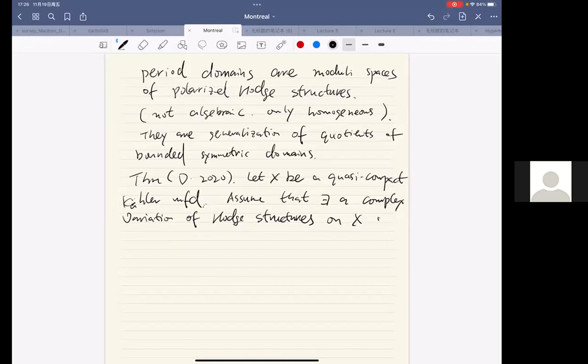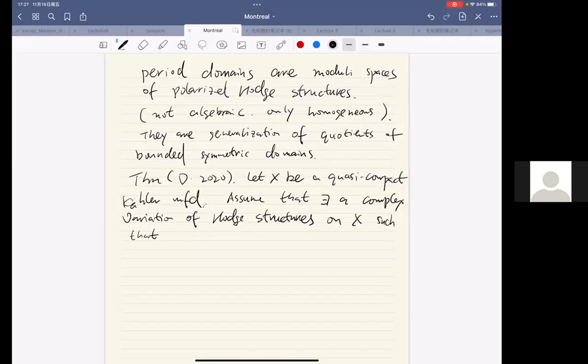This is called a complex variation of Hodge structures, but we want it to be parameterized in a maximal way. Namely, we do not want it to be a trivial thing, so no changes of the variation of Hodge structures.